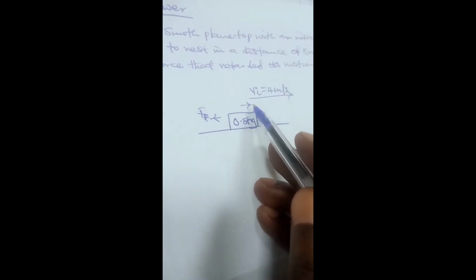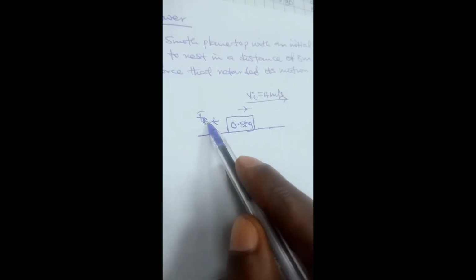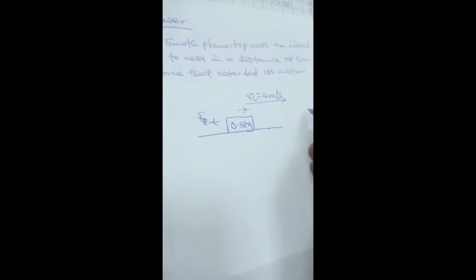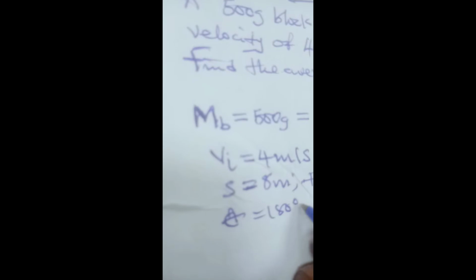Meaning the angle that exists between the direction of motion of that object and the frictional force is 180. Since it is moving on a straight line, the angle is 180. Take note of that, because we are going to use it in this question. That is, the angle noted from that illustration is 180 degrees.